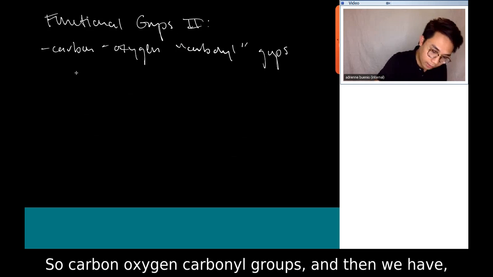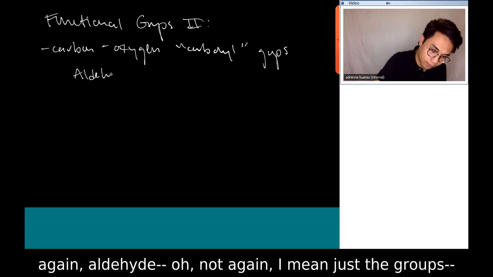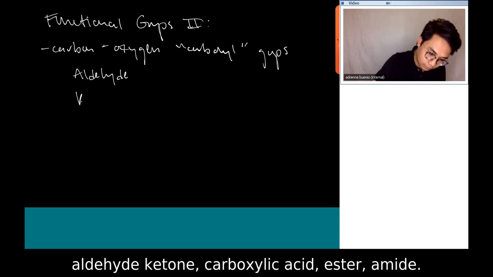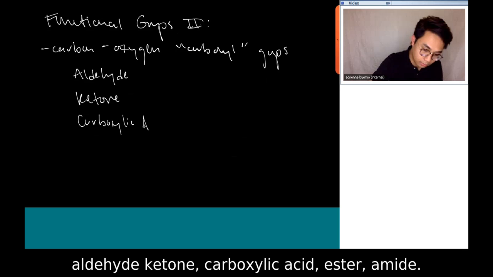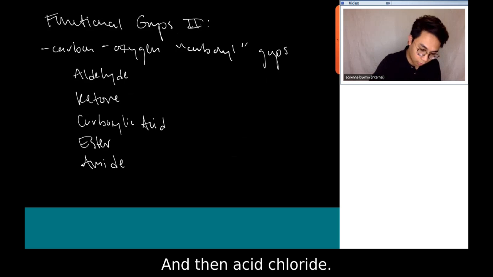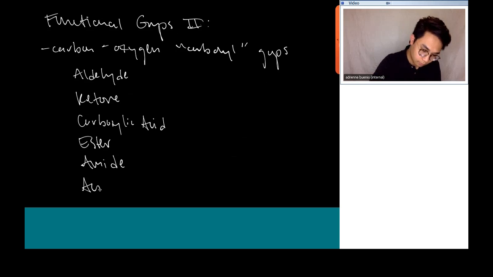And then we have the groups: aldehyde, ketone, carboxylic acid, ester, amide, and you notice that there was an amide before, right? And then acid chloride.